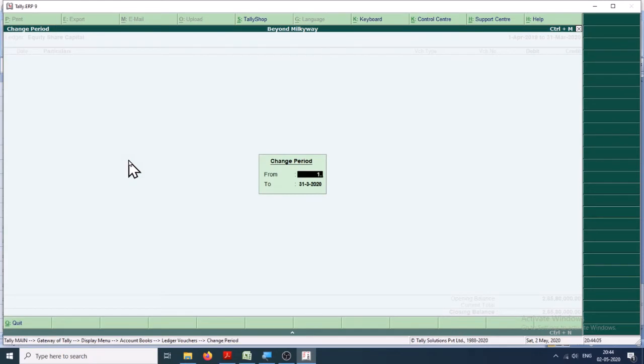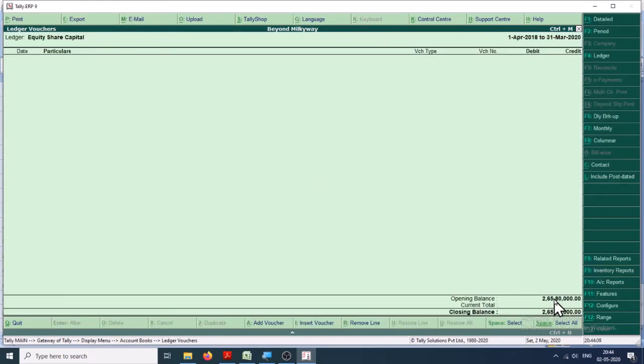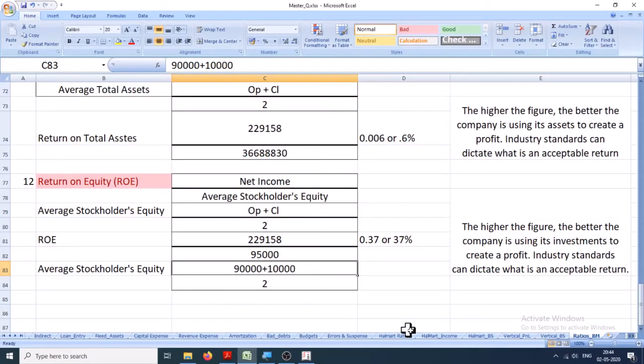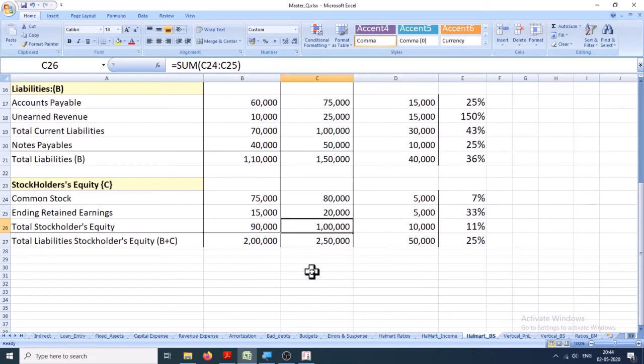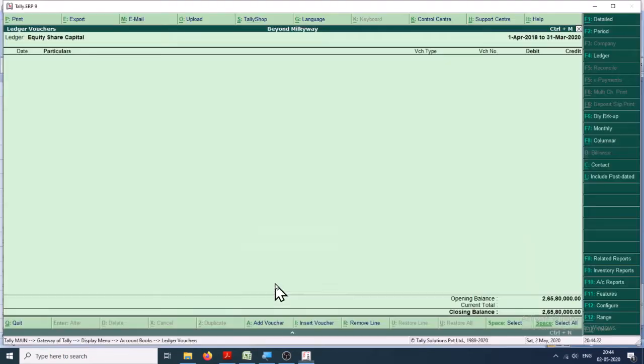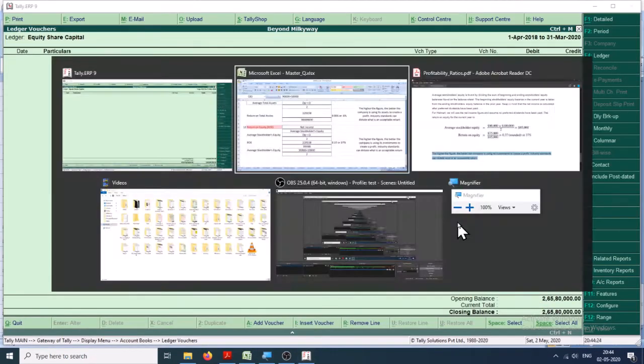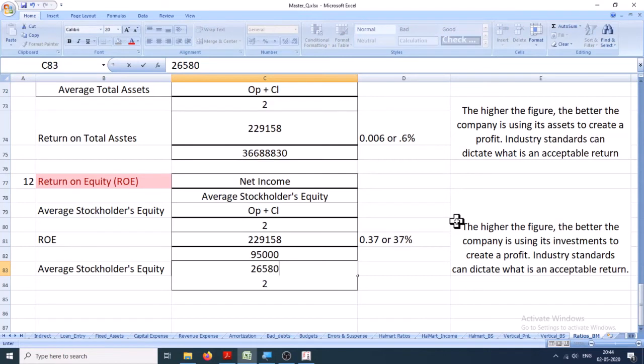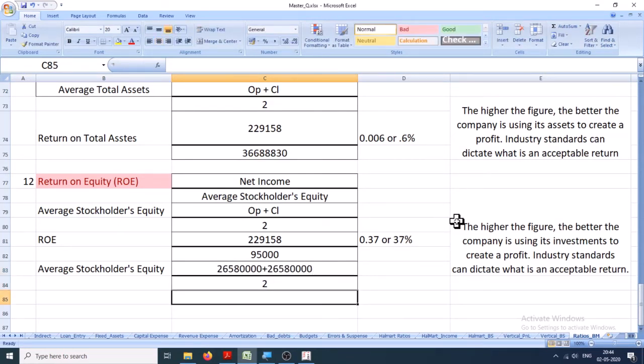There is no change, hence the opening and closing are the same. 265,8,234 plus 265,8,234, so the average will also come to 265,8,234.